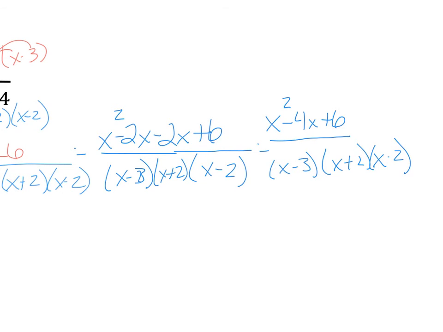Now it turns out here, this trinomial looks like it should factor, but there are no factors of 6 that add to make 4. There are factors of 6 that add to make 5. There are factors of 6 that add to make 7, but there aren't any factors of 6 that add to make 4, so it's not going to factor and reduce any more than that. So that's number 16.